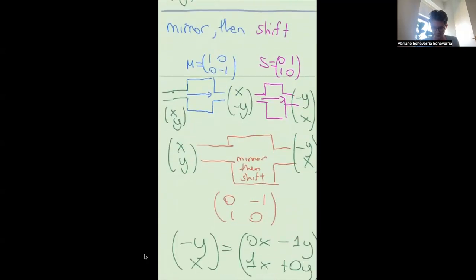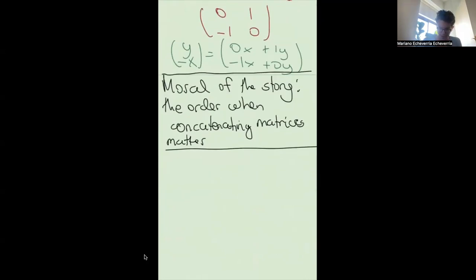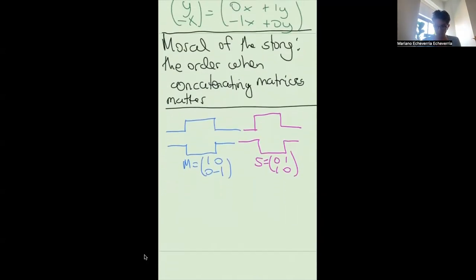So if you had the mirror and then the shift, the mirror was 1, 0, 0, -1, and then the shift was 0, 1, 1, 0.